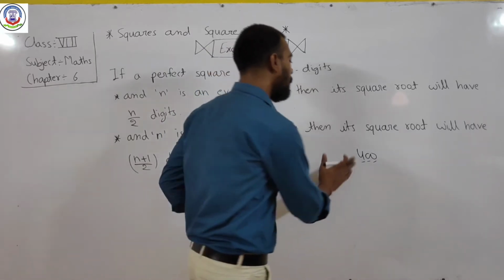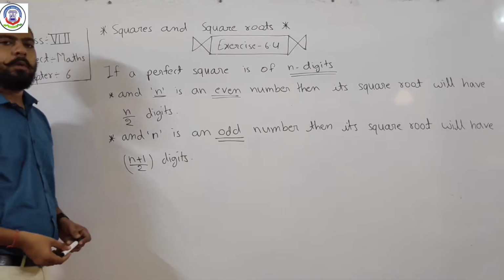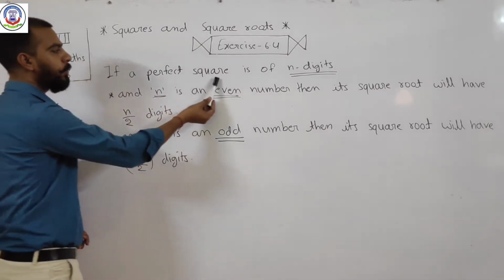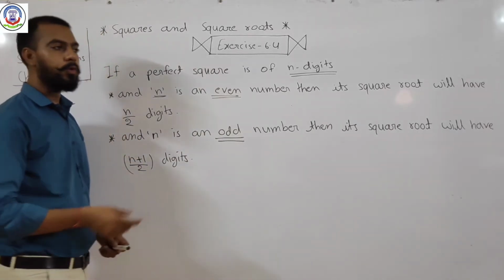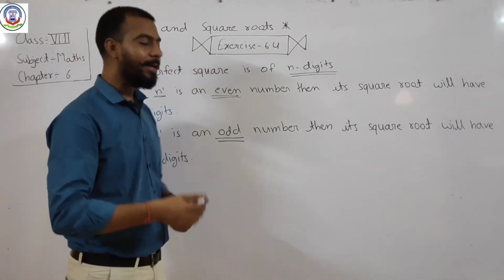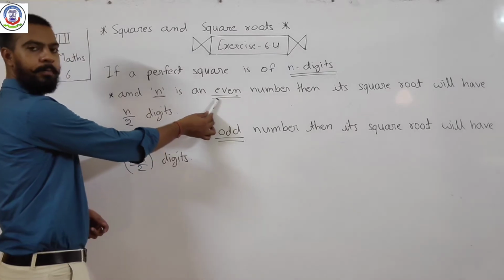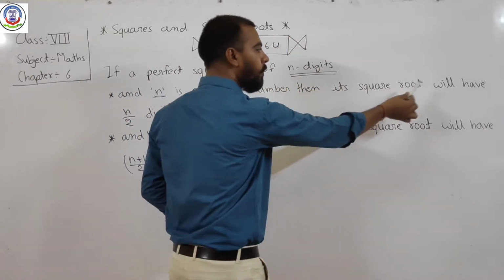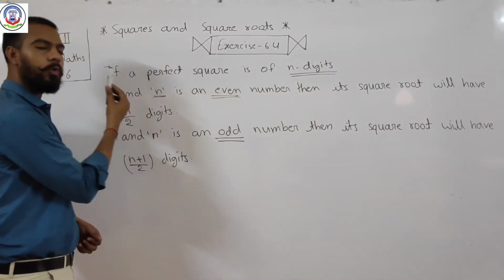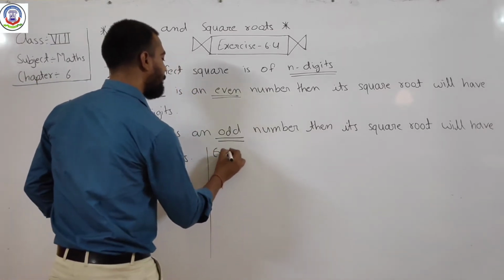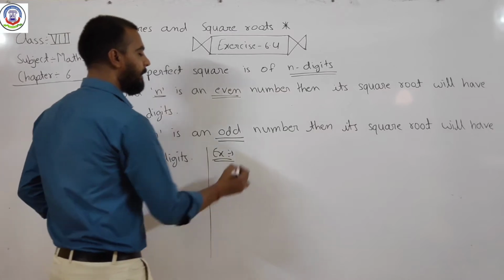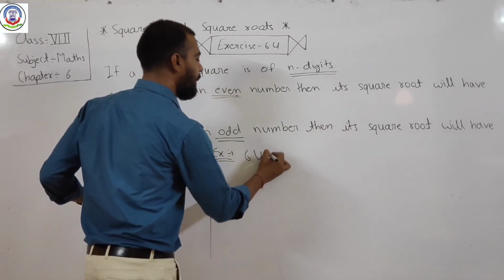Okay, so how will we solve this? If a perfect square has n digits, and that n is an even number, then the square root will have n upon 2 digits. Okay, let's take an example. Suppose we have the number 6400.